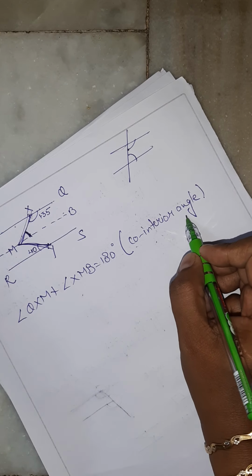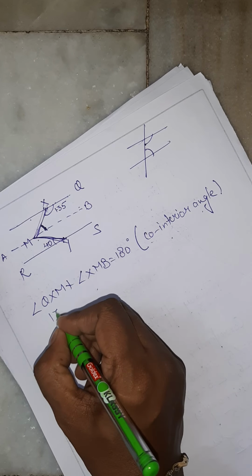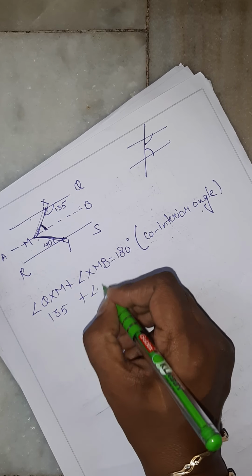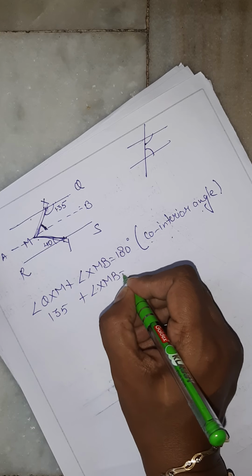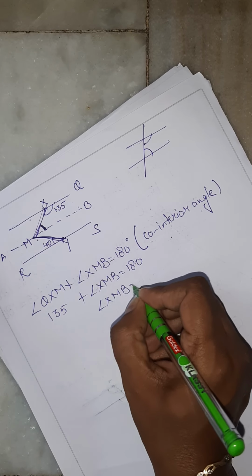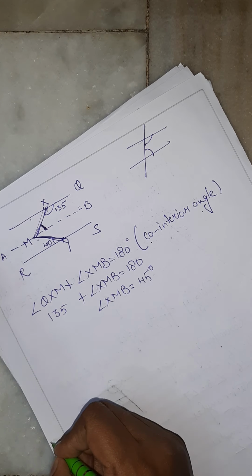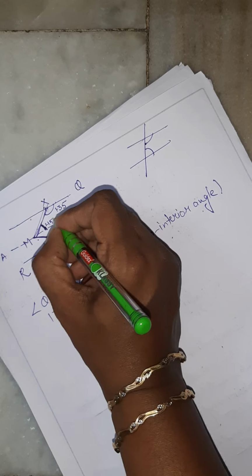I like to write co-interior angles, right? Now QXM is given to you, that is 135, plus XMB is 180. Shifting 135 to the other side and subtracting, we easily get XMB as 45 degrees. Correct? So this much is 45.